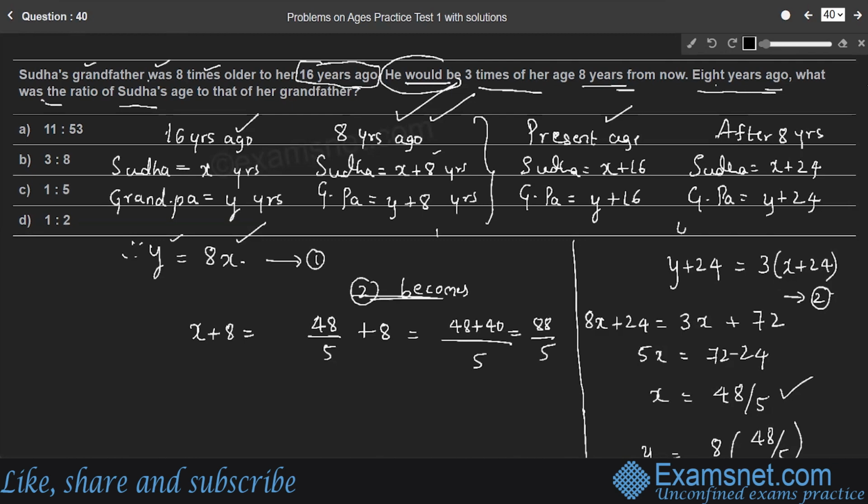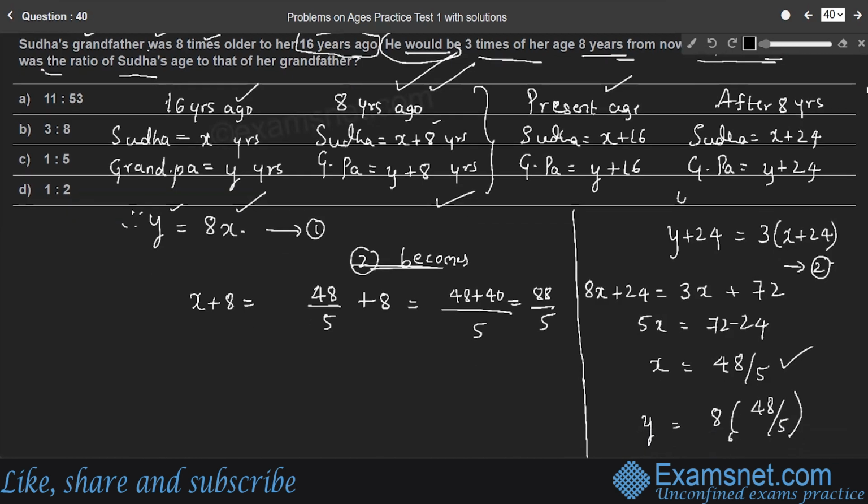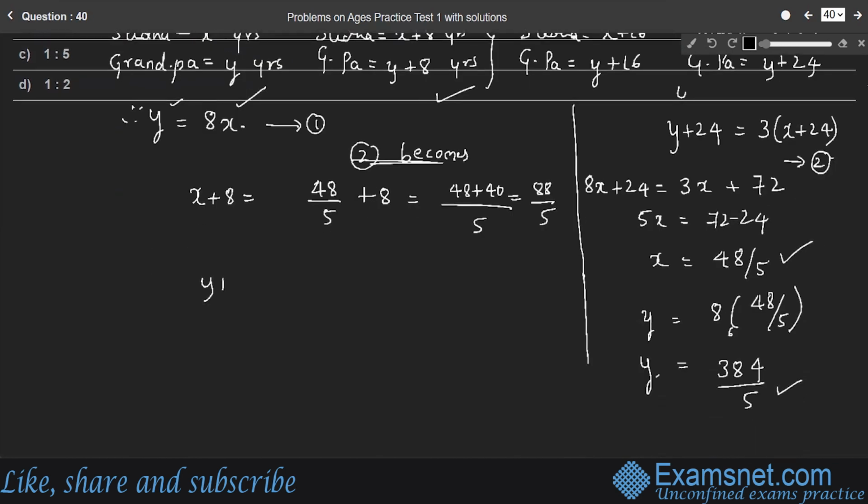And y plus 8, 8 years ago grandpa's age was y plus 8. Y is 384 by 5 plus 8. So LCM is 5, numerator becomes 384 plus 40, which is 424.